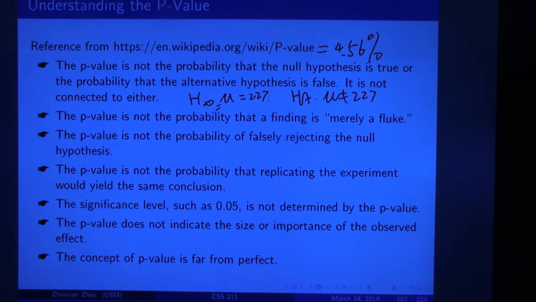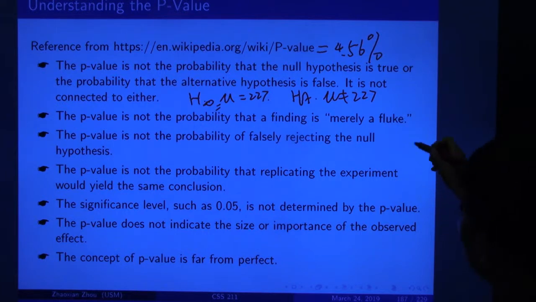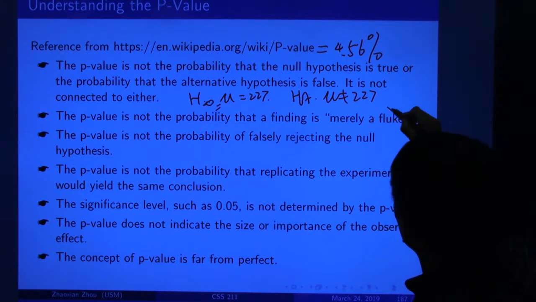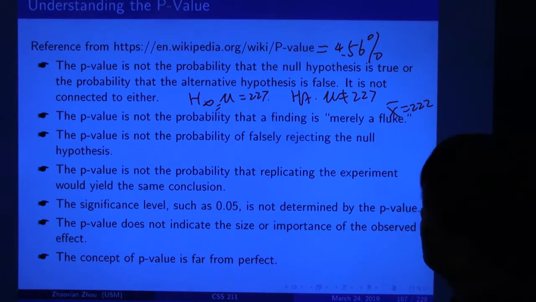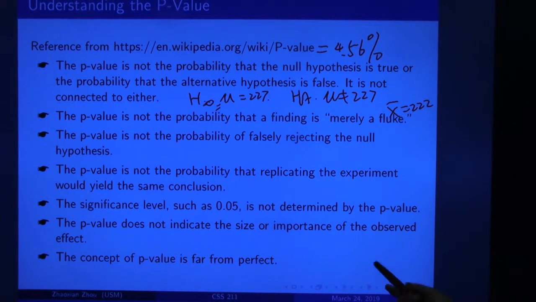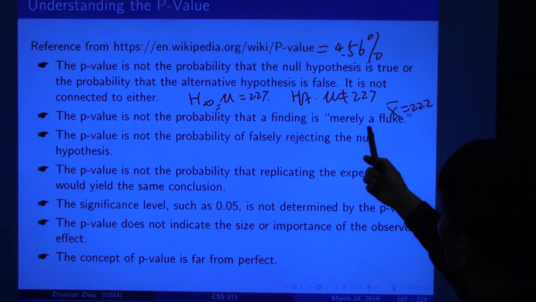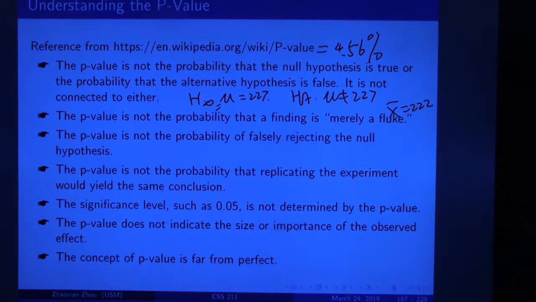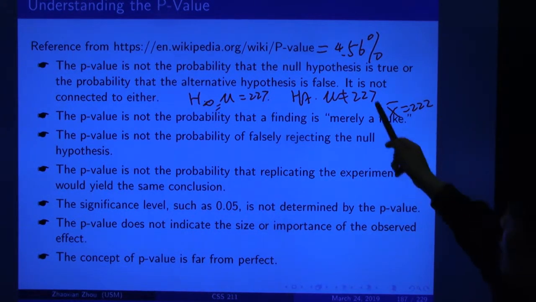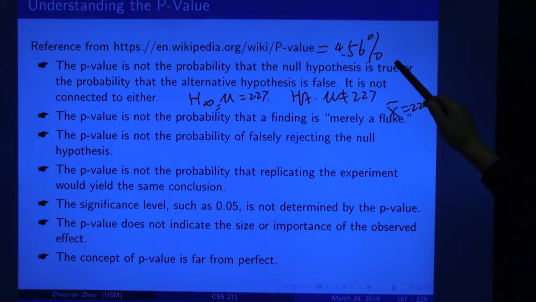We said the population mean equals 227, but our sample equals 222. So for our finding, x bar equals 222. Can we say this sample has a probability of being a mistake, that 222 has a 4.5% probability of being a mistake?